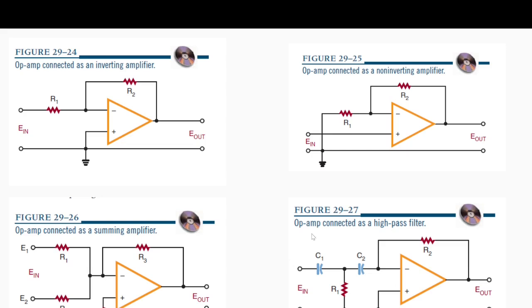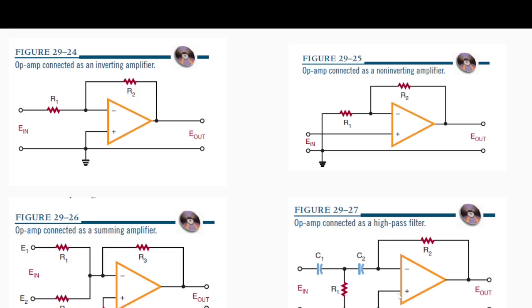And this is a high pass filter, which I think I already mentioned in numerous lectures in the past. If you do not consider the op-amp section here, this is a simple passive high pass filter.